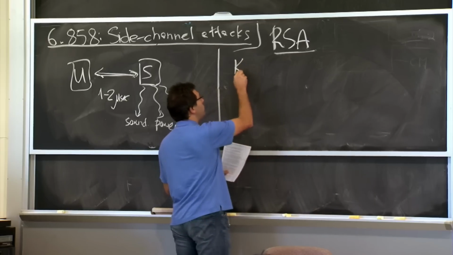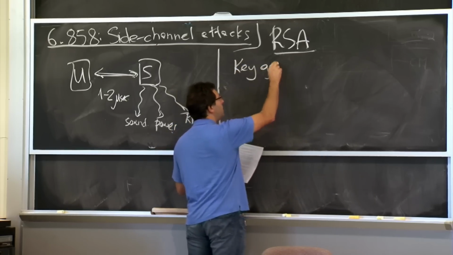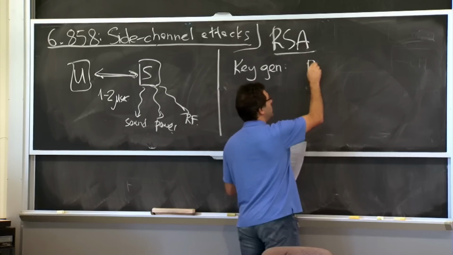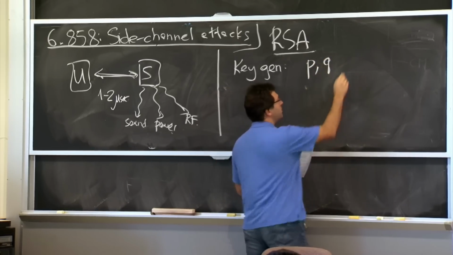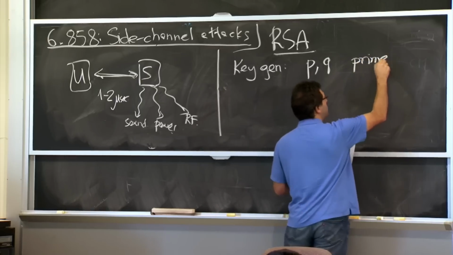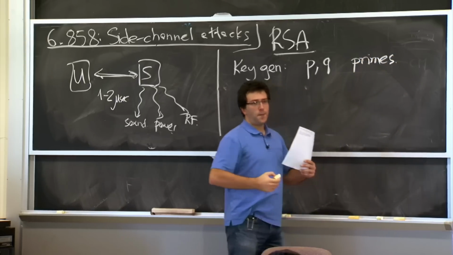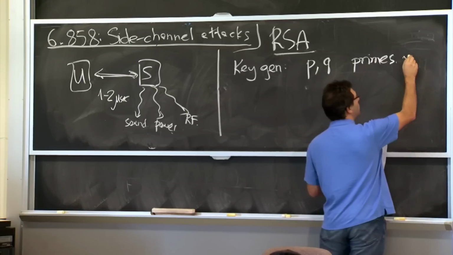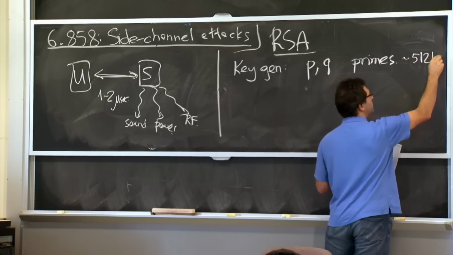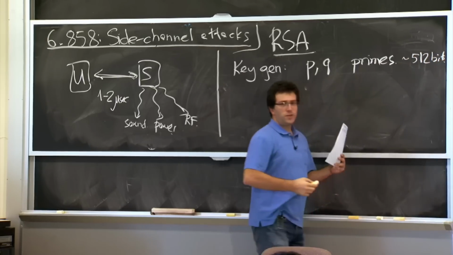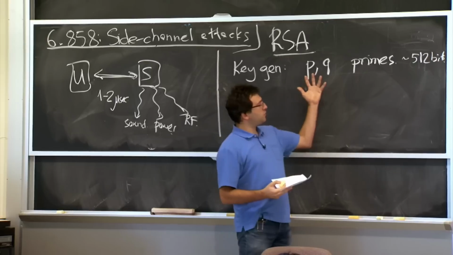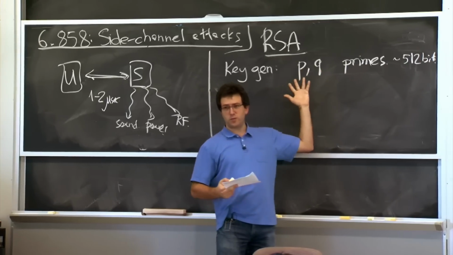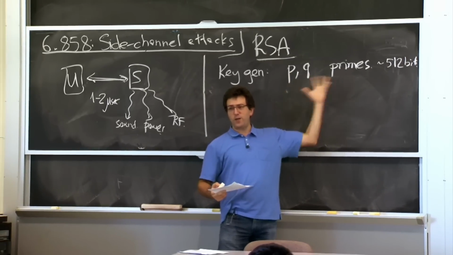For RSA, the way you generate a key is you pick two large prime integers, P and Q. In the paper, these guys focus on P and Q that are about 512 bits each. This is typically called 1024-bit RSA, because the product of these primes, which we're going to use in a second, is a 1000-bit integer.